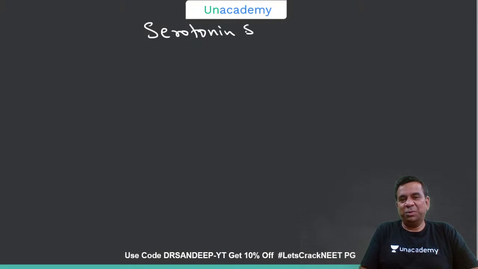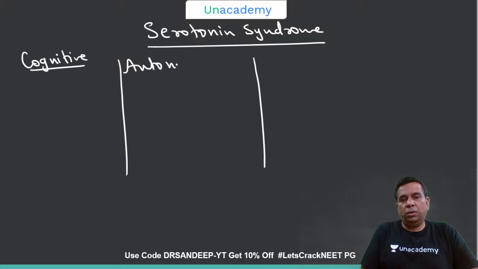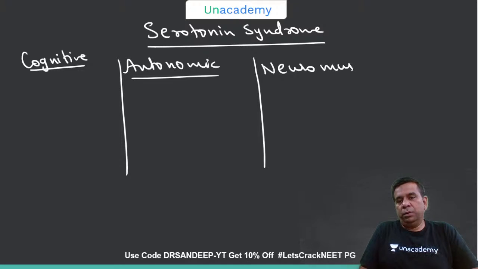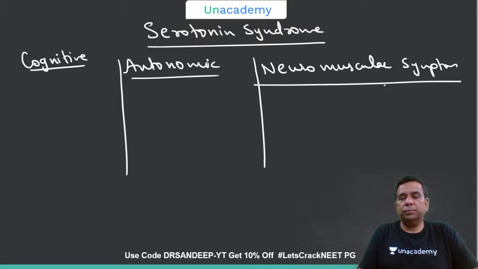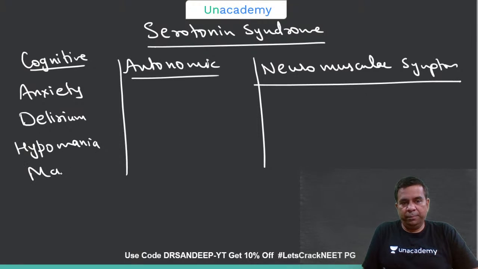पढ़ लेते हैं डॉक्टर साहब, इसको भी ख़त्म करते हैं. So it is a triad of cognitive, autonomic and neuromuscular symptoms. Cognitive: anxiety, delirium, hypomania, mania.